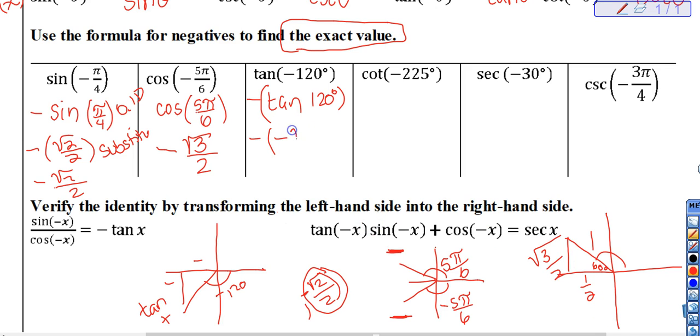So it's a negative square root of 3 over 2. And if you don't have that on your tangent of 120, you need to fix it. And we have the opposite of negative square root of 3 over 2 is the square root of 3 over 2.